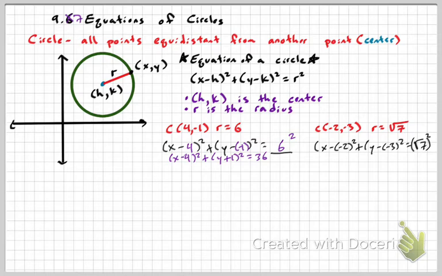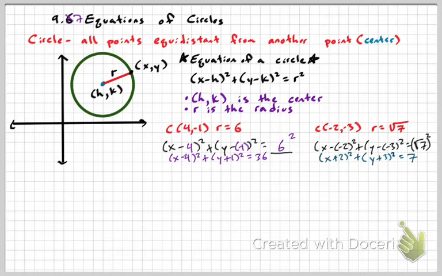Let's now simplify what's inside our parentheses. x minus -2 is x plus 2 squared, plus y minus -3 is y plus 3 squared, and the square root of 7 squared, that's rad 7 times rad 7, that's radical 49, or just 7. So that's what you would do if you were given the information, okay?